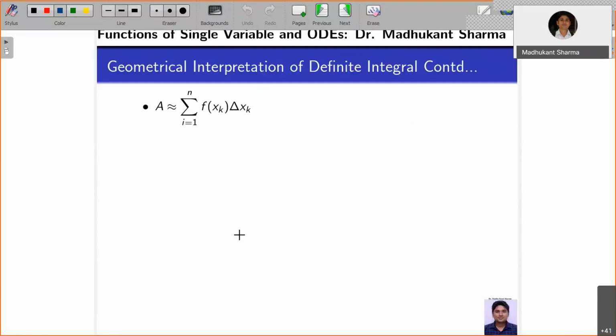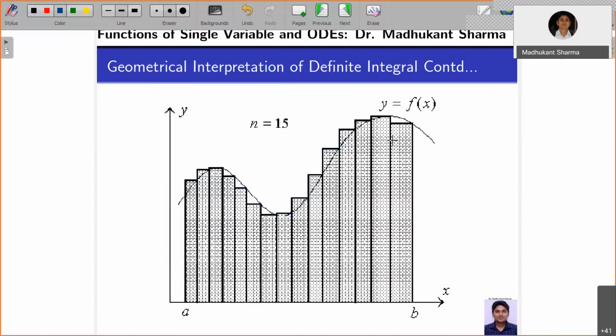Sir, I can't understand which is a tag point and which is not a tag point. So the tag point is here. If I want to show, let's say this is x1, this is x2, this is x3, and so on. In between this interval a to x1, I want to create a rectangle.